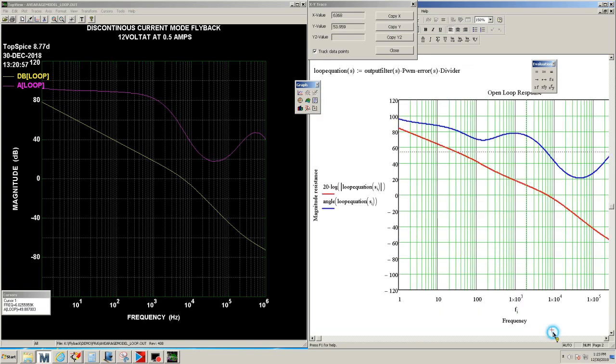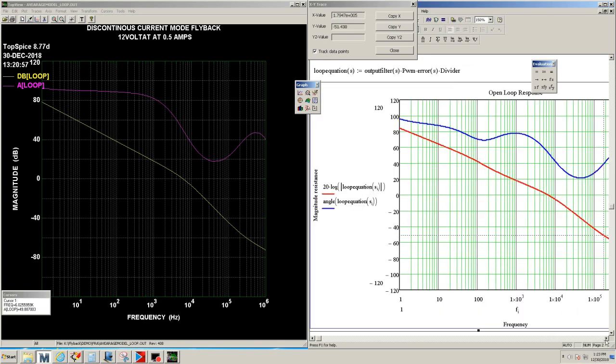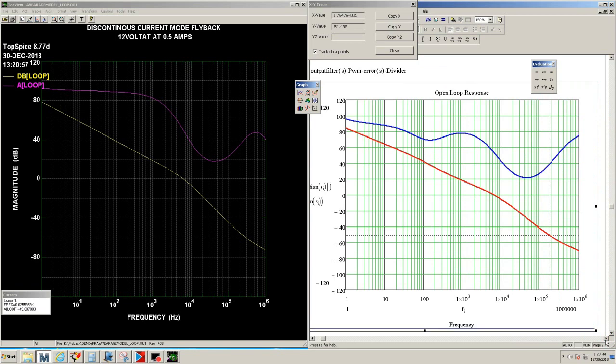See what happened there. Okay, so now it looks very similar. So anyway, that's what I wanted to show you.